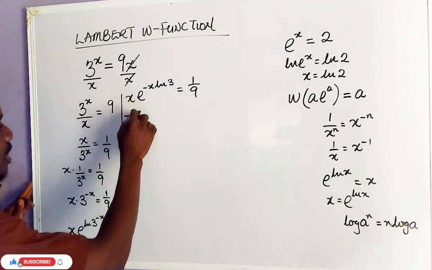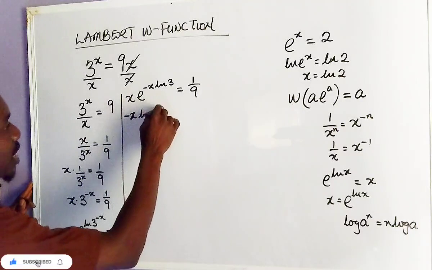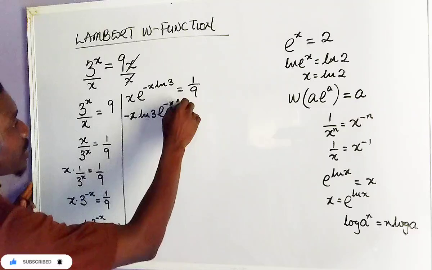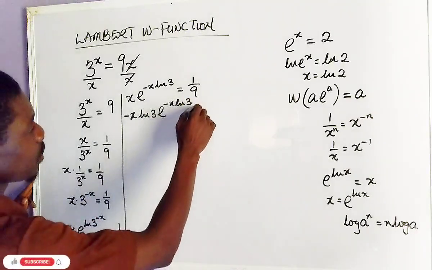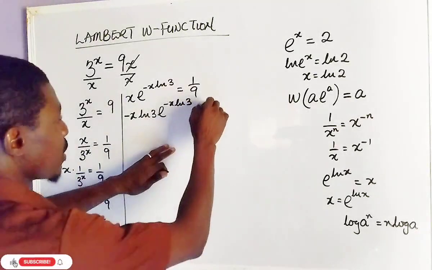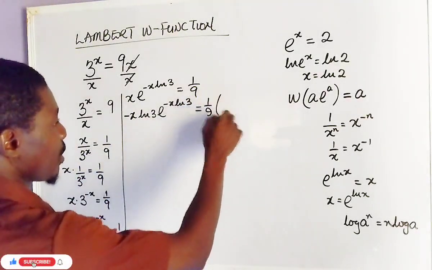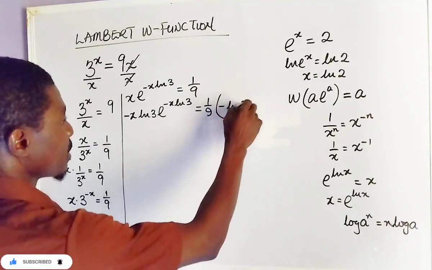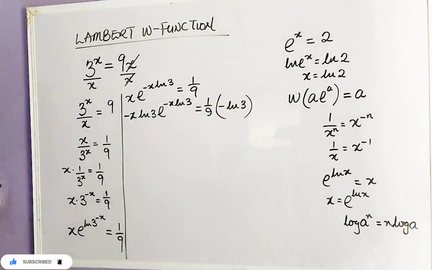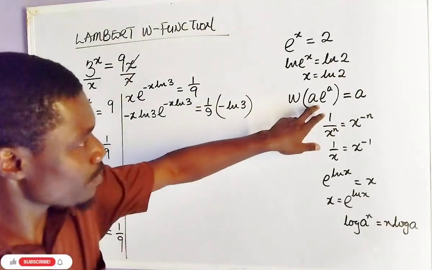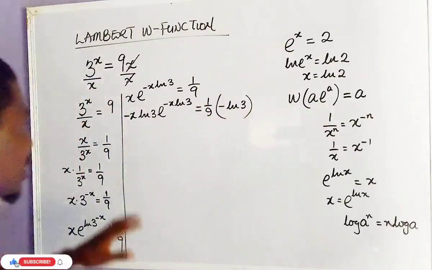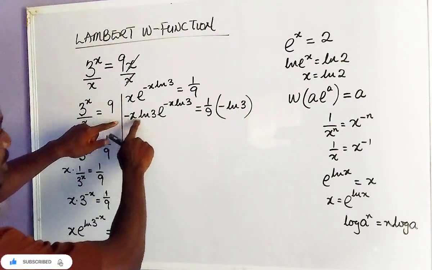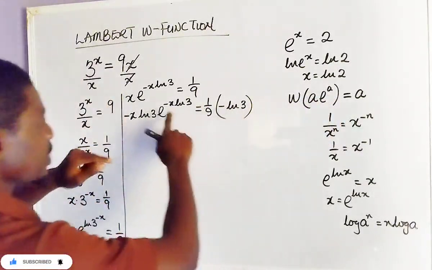So here we have negative x ln 3, then e raised to the power of negative x ln 3, okay, then equals 1 over 9 open bracket negative ln 3. Now you can see that this expression is the same form, where our a is negative x ln 3, and our a here also is negative ln 3.